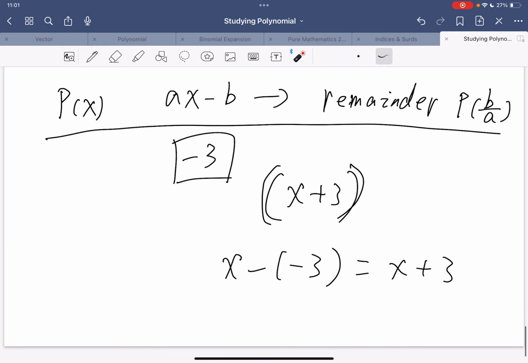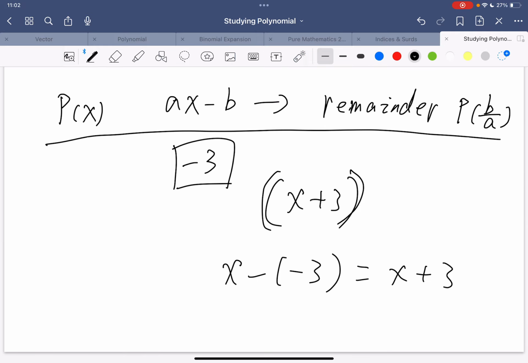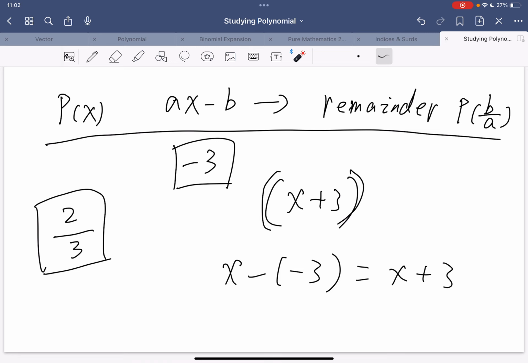And what if the remainder equals a fraction? 3 over 2. How can we do that? We use what? Okay, so A is the denominator, which is 3. ax minus b is 3x minus 2.